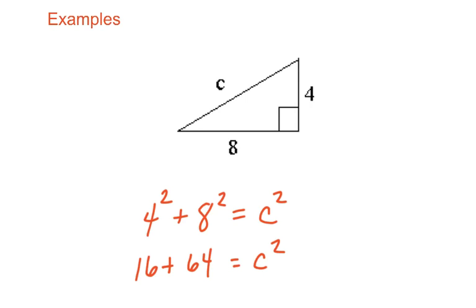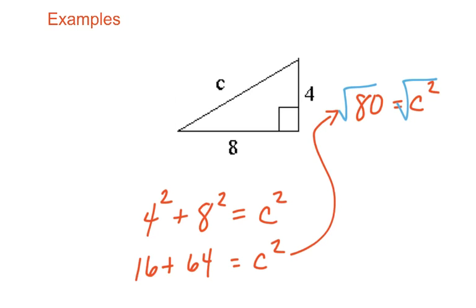With 16 and 64, that's equal to 80. And then in order to find c, we have to take the square root of both sides. Here you'll find that c is approximately 8.9.